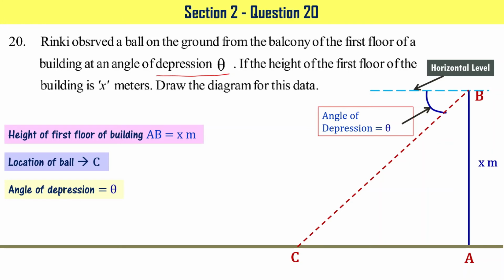And we know that alternate interior angles are going to be equal, right? It means angle BCA is equal to theta, right? Now you have a right triangle, triangle ABC, where angle C is equal to theta, which is an acute angle, right?